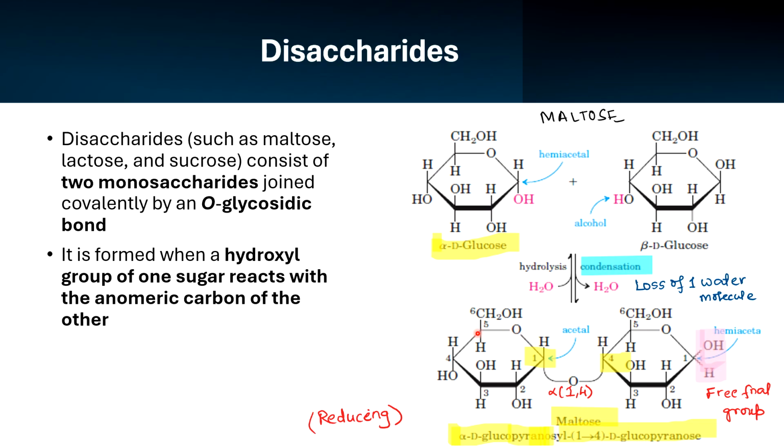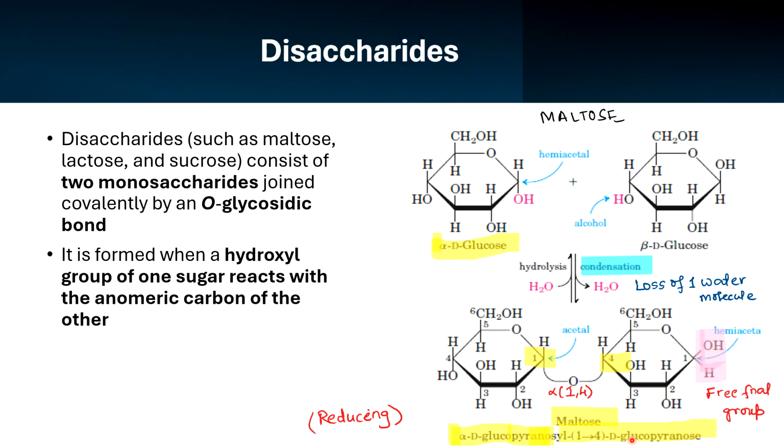So here, see the first anomeric carbon which has the functional group, it is involved in glycosidic linkage on the left hand side. Now look at the right hand side. We have the C1 which is not involved in any glycosidic bond formation. So here we have a free functional group. So this can reduce the Cu2+ to Cu+ ion. Hence maltose is an example of a reducing sugar, right?